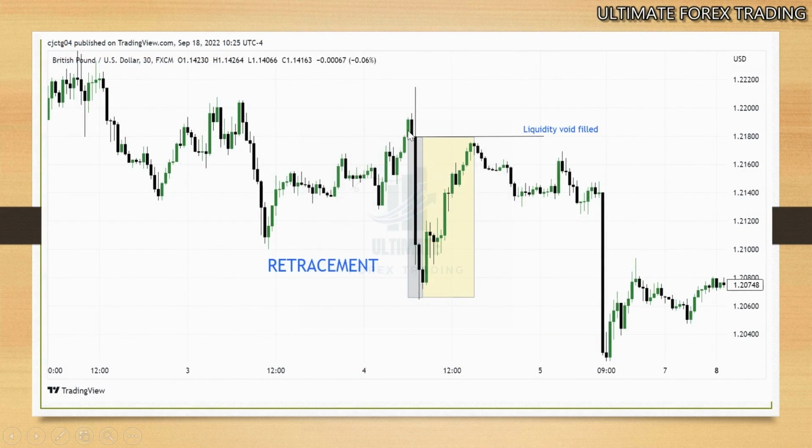Now price has moved from this range to this range in a one-sided price movement, giving us liquidity void. What liquidity void means is one-sided price movement. As you can see, the movement of price from here to here is different from the movement of price from here to here.